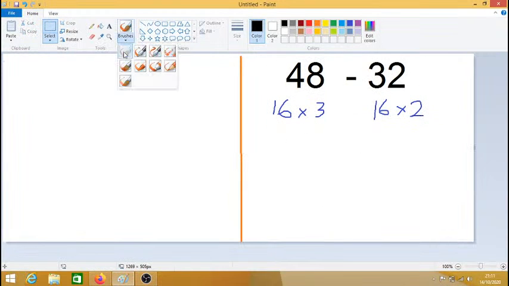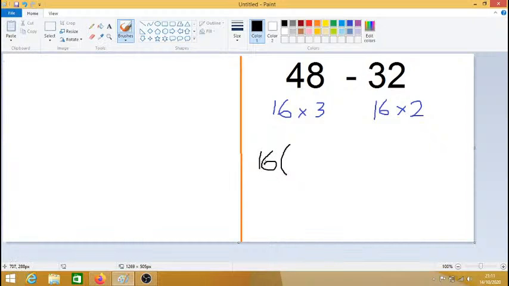And then the last one, you want to pull out the common factor, which is 16. And we don't need to write times anymore. Whenever you have a number and a bracket, you just automatically think there's a times in between. So you've got 3, and then the takeaway, and then the 2.